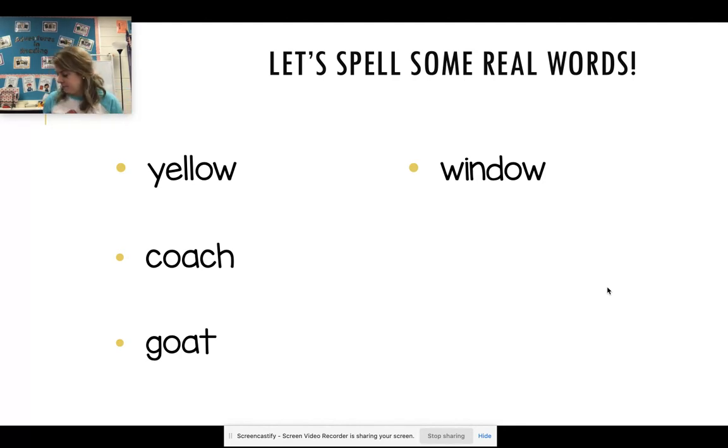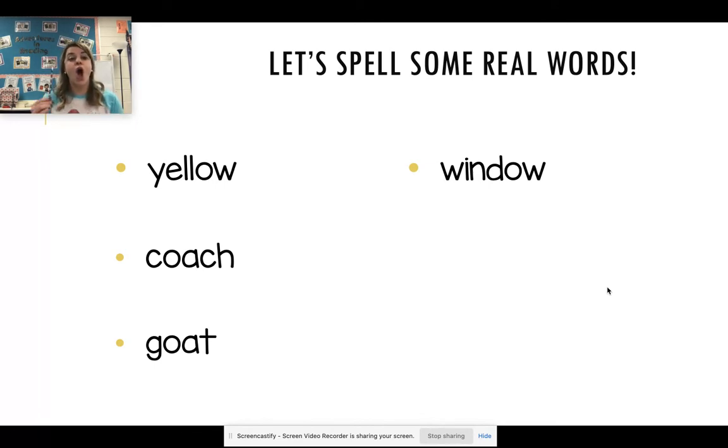And our last word, railroad. Let's see. Can you figure it out? It's a two-syllable word, railroad. Rail, road. Got it? How do we spell the A in the middle of a word?